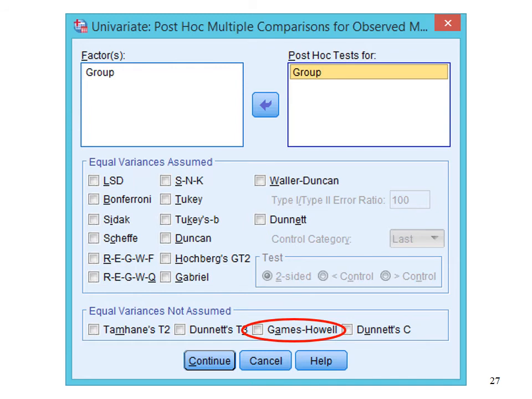As you can see, there are a couple of tests available when equal variance is not assumed. So if Levene's is significant, come down here. Why? The short answer is that planned contrasts make an assumption of homogeneity of variance.